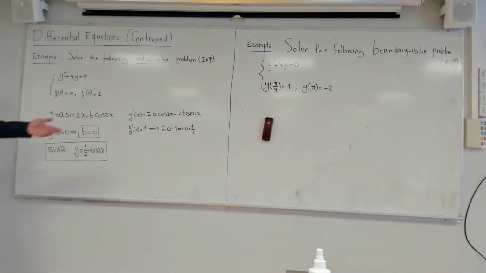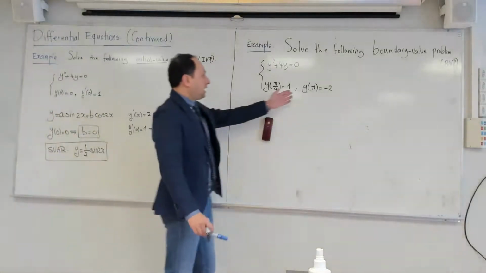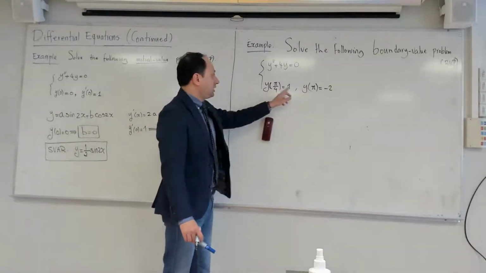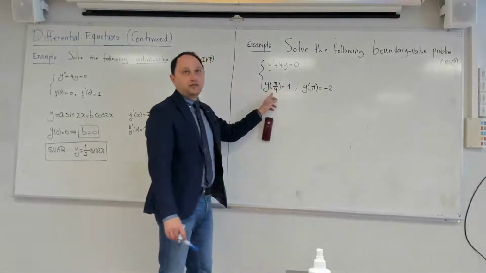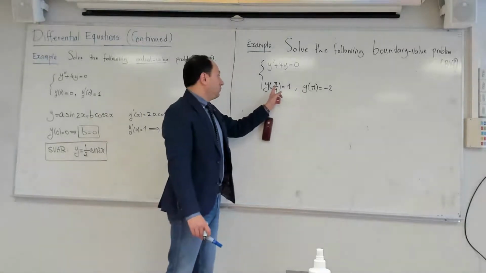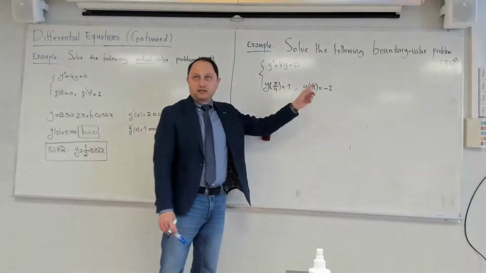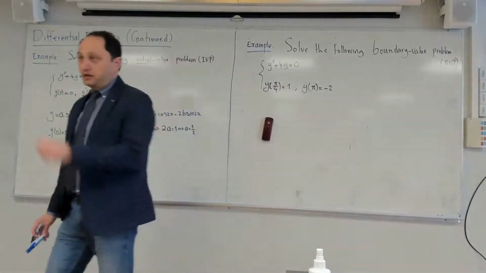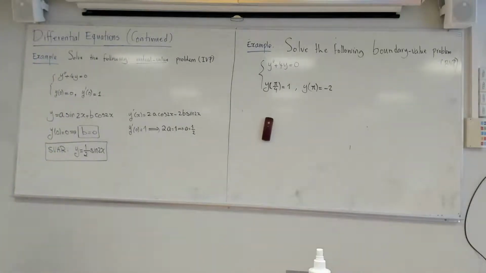I can choose to give one of them as the derivative. It doesn't matter. But I hope you understand this is not an initial value problem, because one of the pieces of information is given at pi over 4. The other is given at a different point, which is pi. So we want to calculate this.